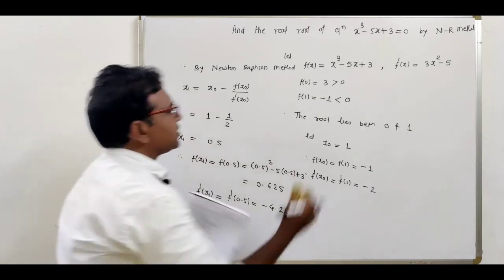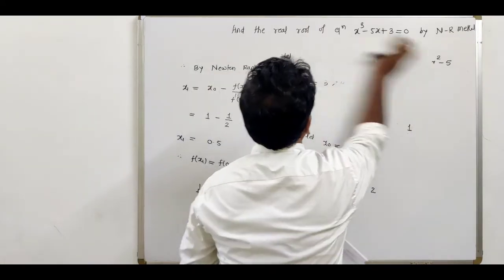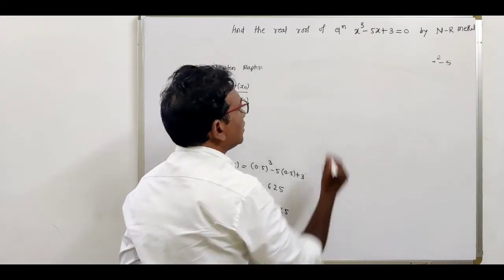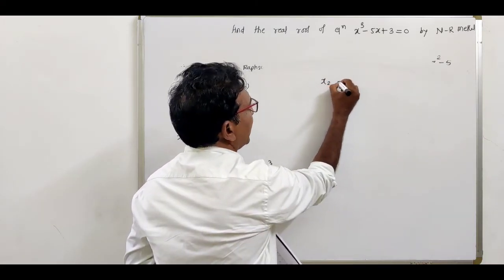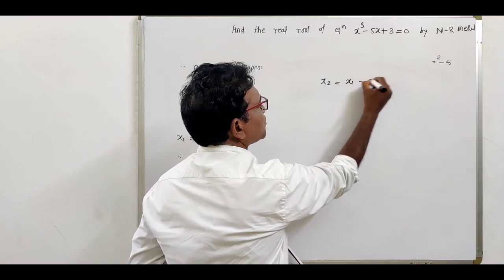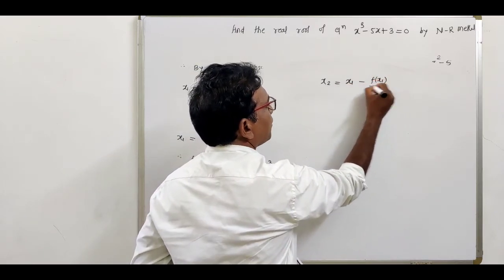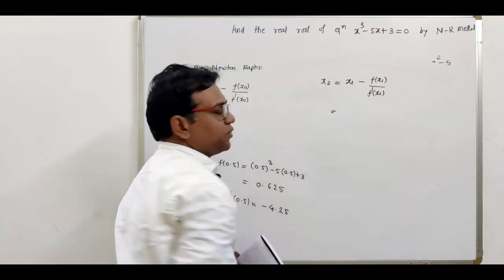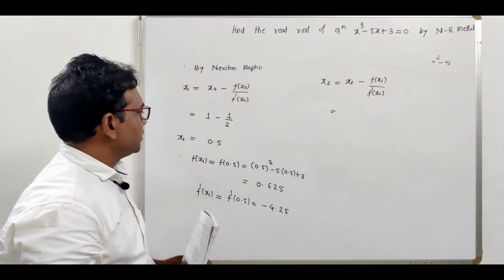So find out the next iteration or approximate root. x2 is equal to x1 minus f of x1 divided by f dash x1. This gives the second approximate root.